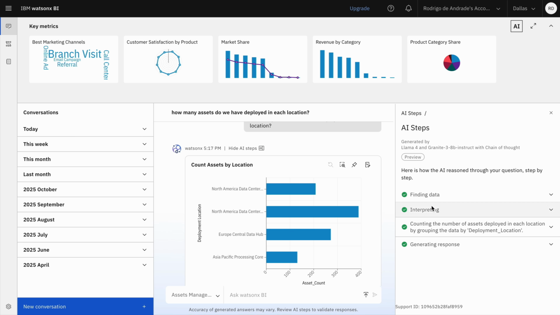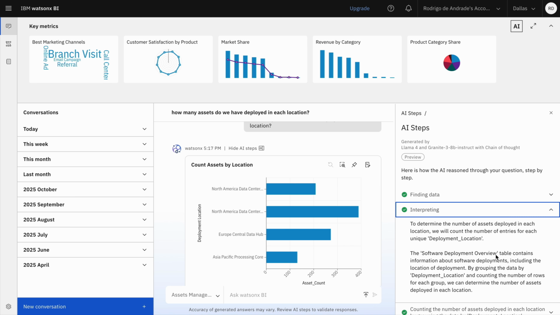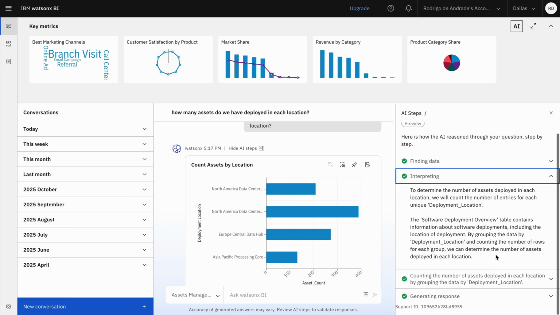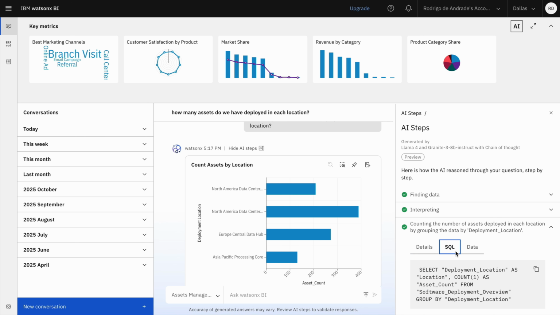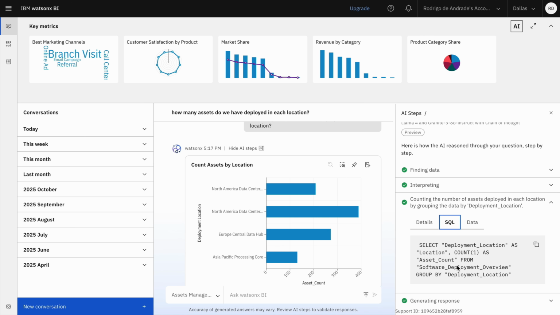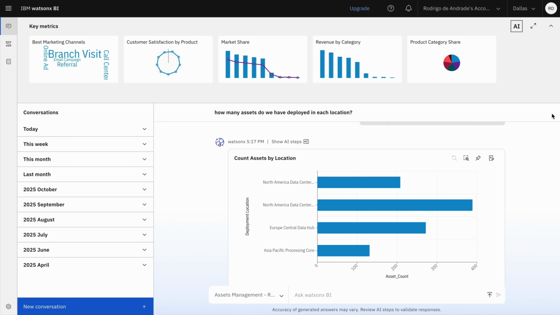I can also see the AI steps, the data that was used, and how the question was interpreted. I can see the SQL that was used to generate this answer. So it's 100% transparent, no surprise. If you want to validate the answer, you have the possibility to click on the AI steps and see everything.